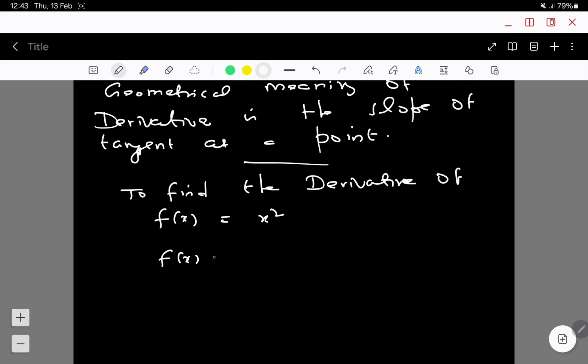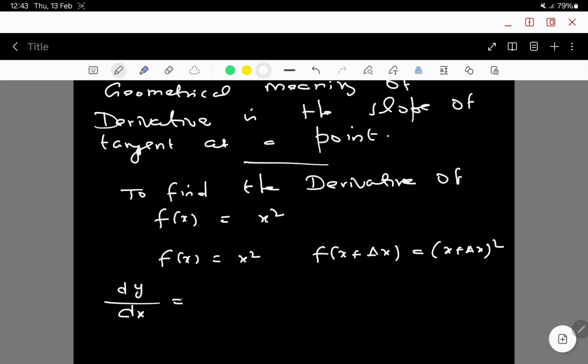Now the function is x square, and f of x plus delta x: substitute x equal to x plus delta x, so we get x plus delta x the whole square. Now write dy by dx, or df of x by dx, both are the same.